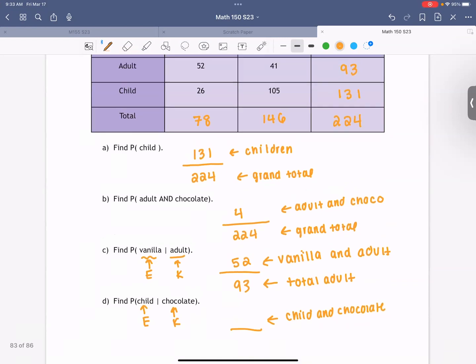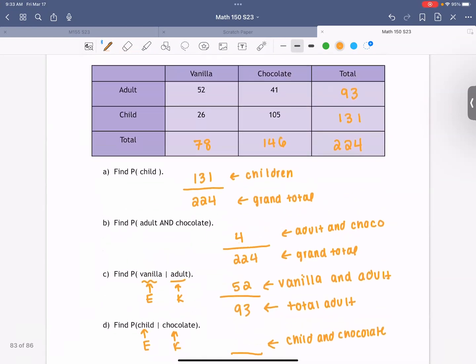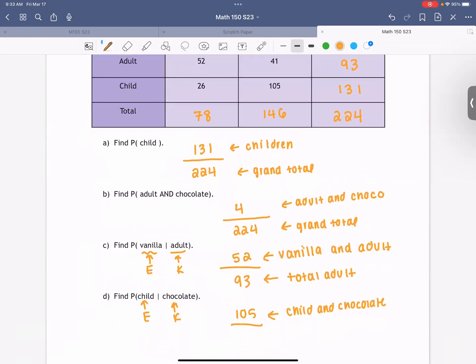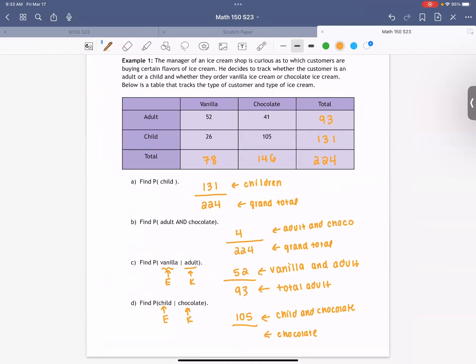And how many children like chocolate here? 105. And then the number on the bottom is the thing that we know is true, which is the thing on the right, or just chocolate, right? And how many people like chocolate? 146. Perfect. And that's how we go about doing conditional probabilities.